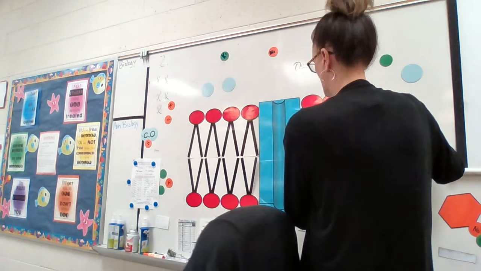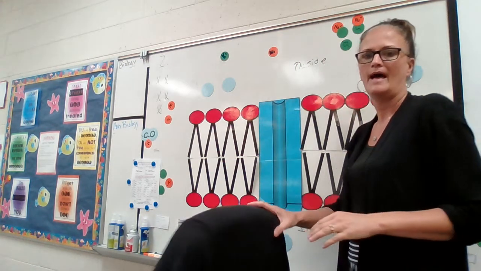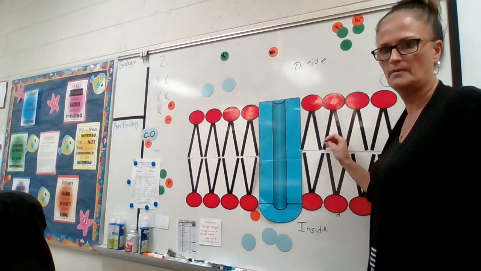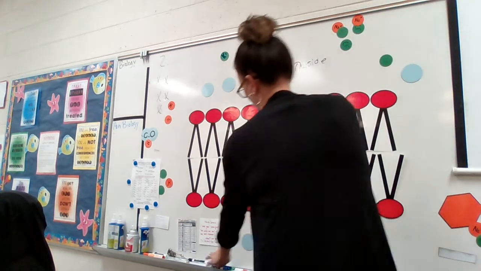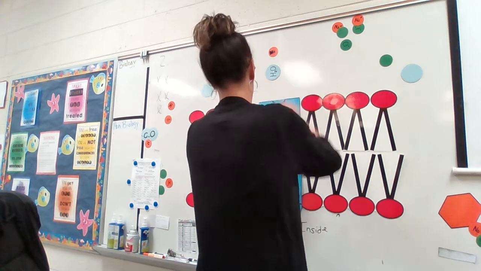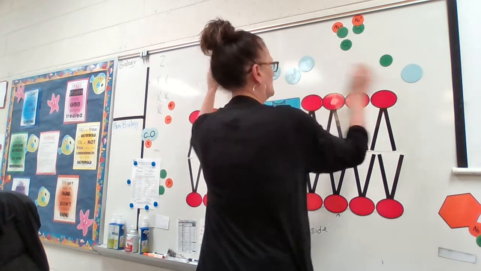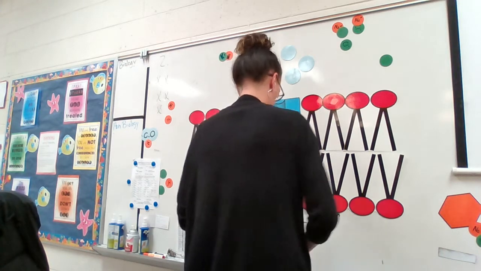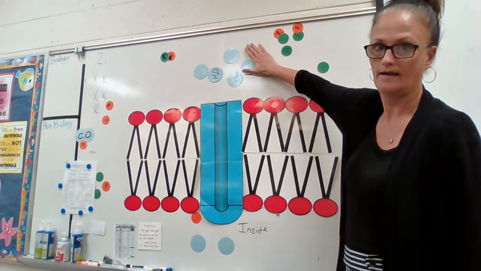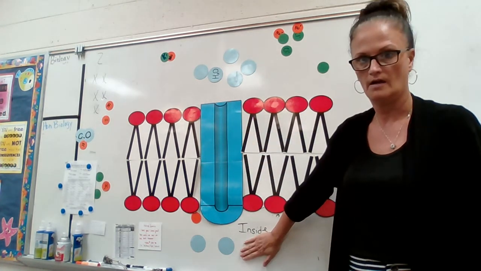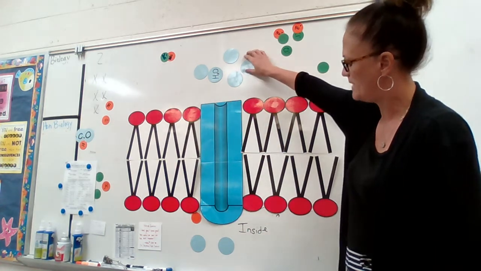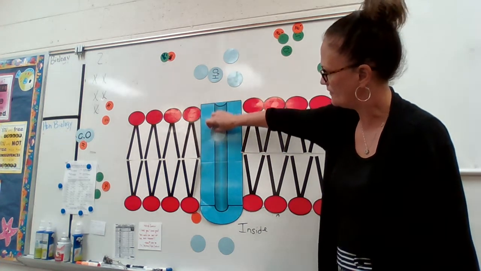So osmosis is passive transport, and it's simply the diffusion of water across a semipermeable membrane. Water is going to go from a concentration of high up here to low down here until we finally balance out. Okay? This is going to be the balance of water.